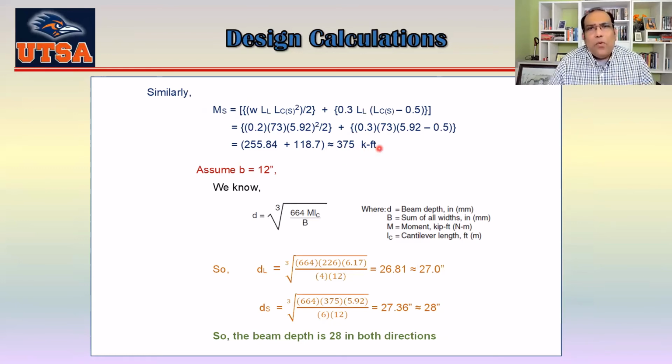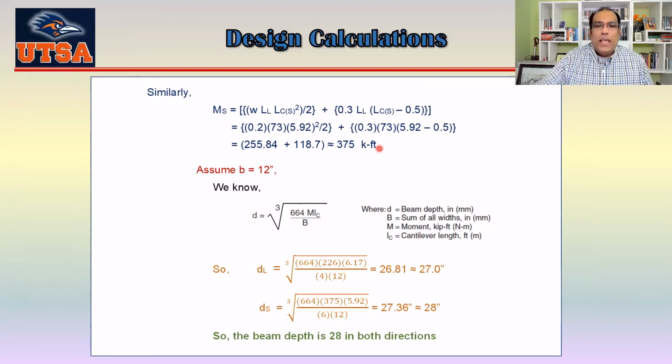Once you get that moment, you have to design based on that moment, how much reinforcement you need, and at the same time, how much depth of the foundation you need so that your strength as well as your deformation or deflection is within the limit.